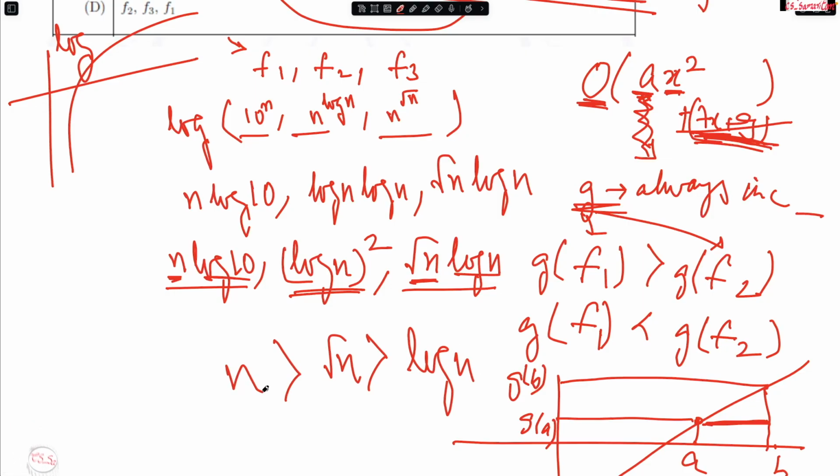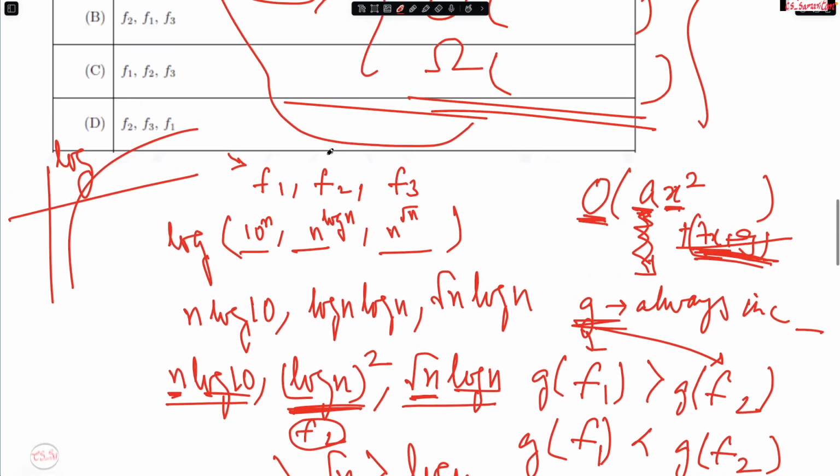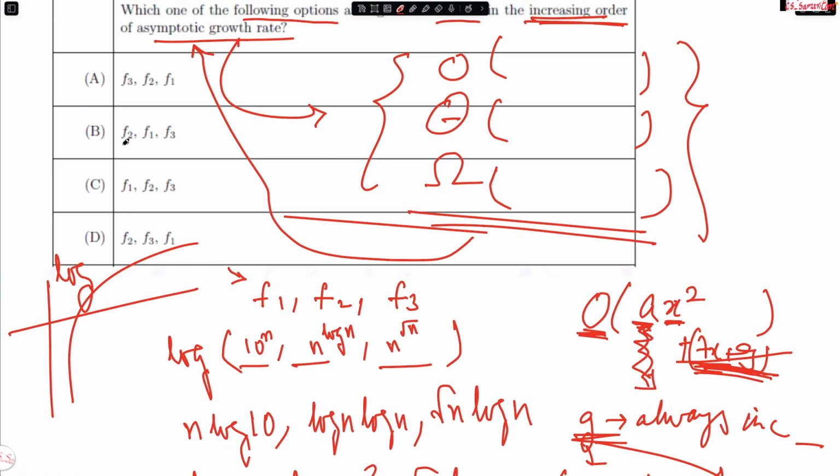Likewise, n has a greater growth rate than log n. So the f2 that this corresponds to is going to have the least growth rate. That part we know. Which option has f2 in the first position? The first, because it is an increasing order, so the first function is going to be the lowest growth rate function.